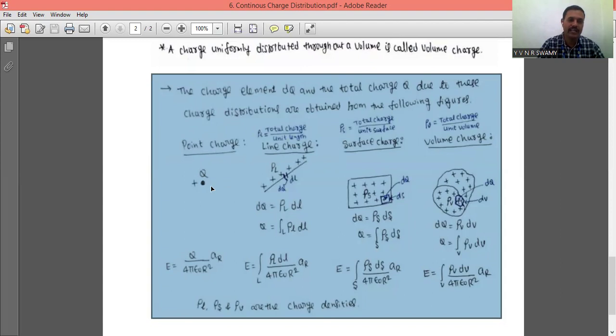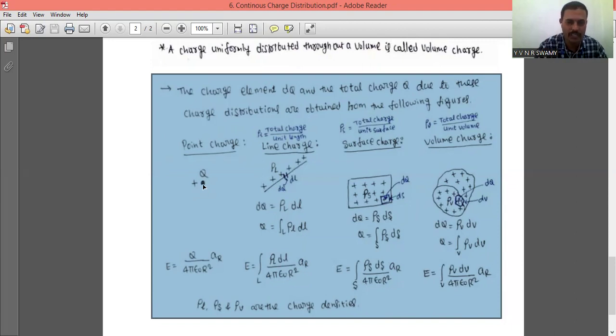Now we will find the electric field intensity due to this point charge. In the previous class, we completed it. The obtained formula is E equal to Q by 4 pi epsilon naught R square along a_R direction, where a_R is a unit vector whose magnitude is unity.